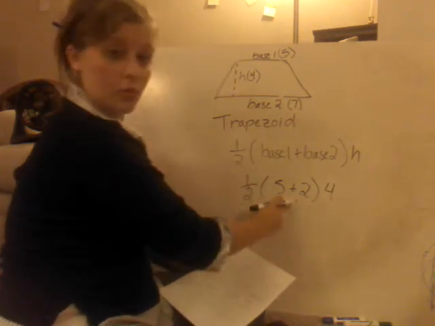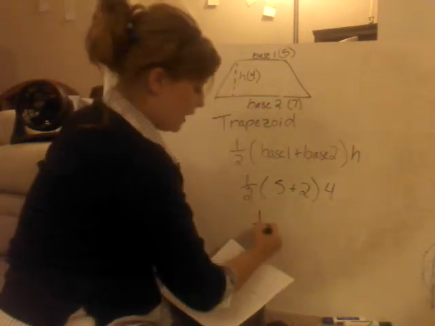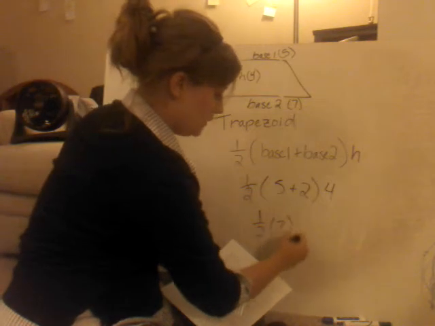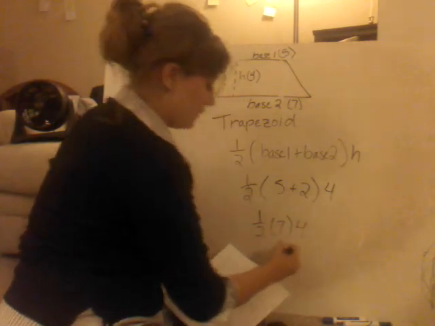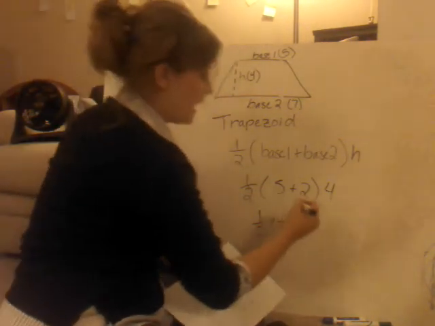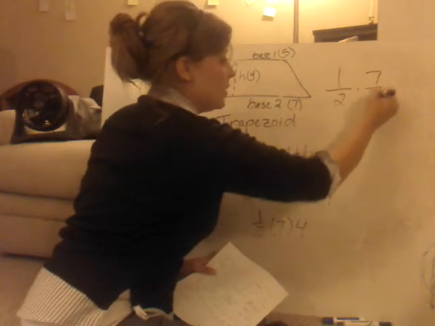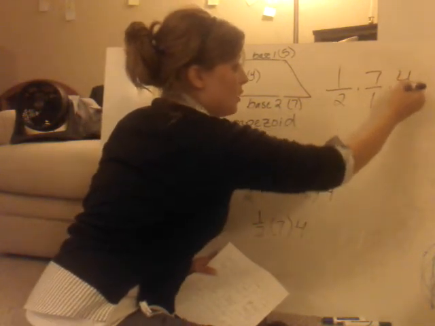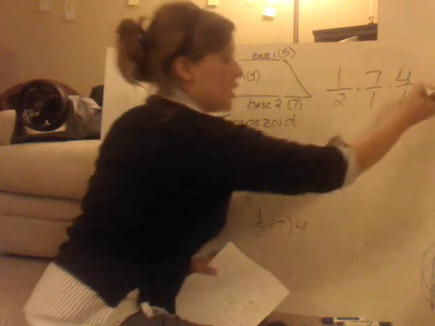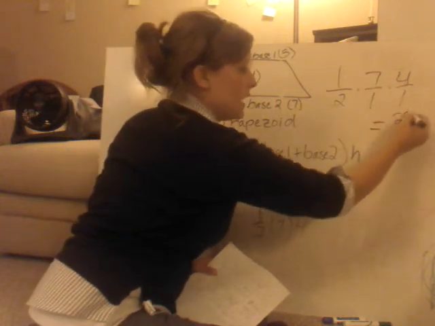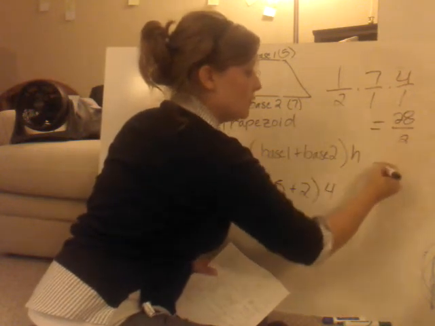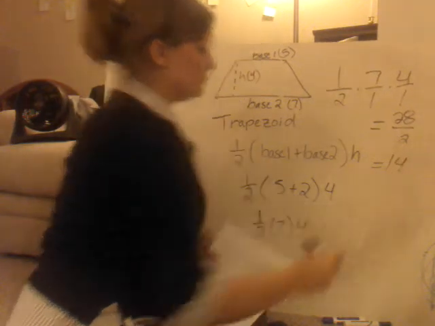I'm going to do everything in the parentheses first. So I'll have 1/2 times 7 times 4. And then I can see this as 1 over 2 times 7 over 1 times 4 over 1. I multiply across. I get 28 over 2. I get 14.